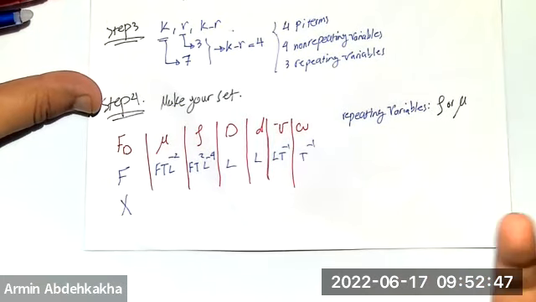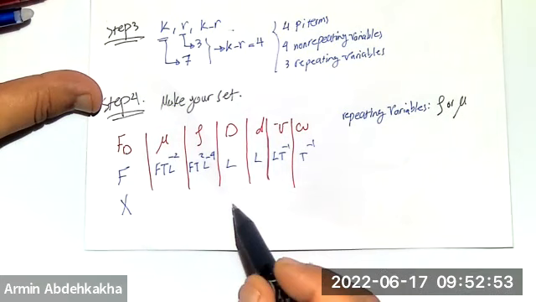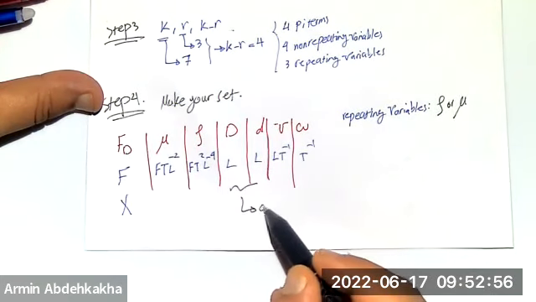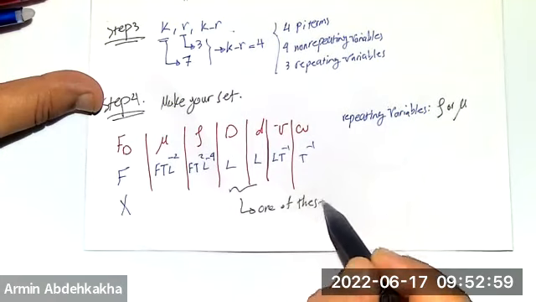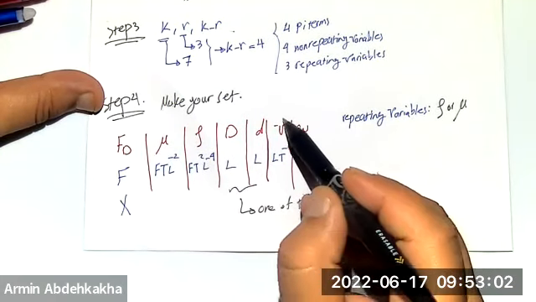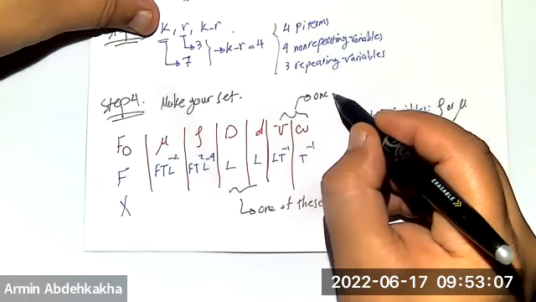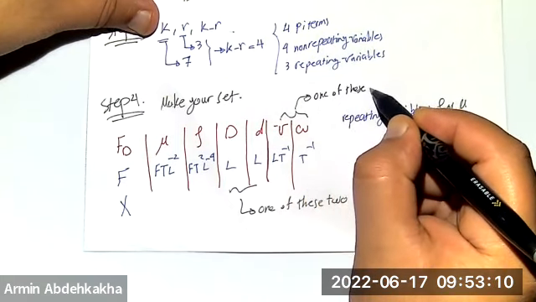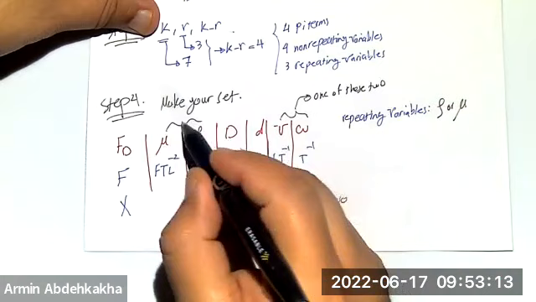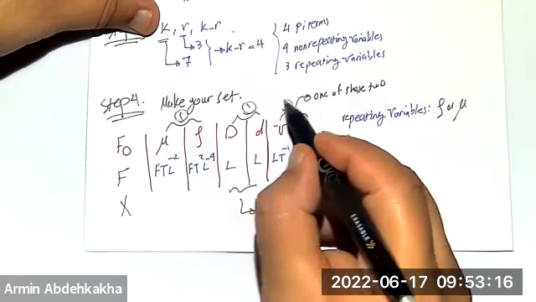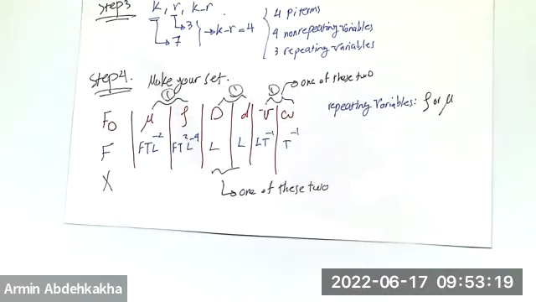And these two are the simple ones. Then one from here, one from here, and one from here. It's up to you which one you choose, and if you choose a different one, it's not wrong.